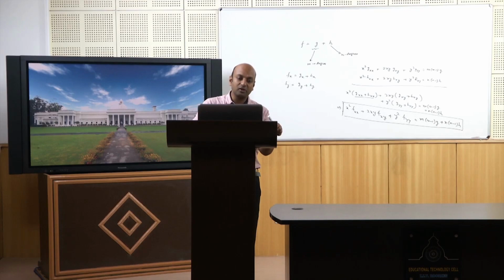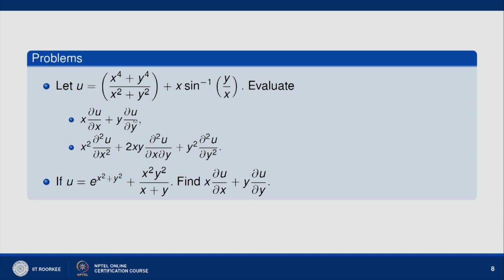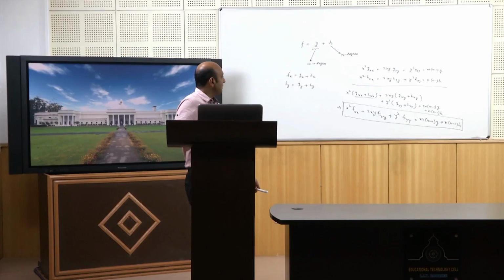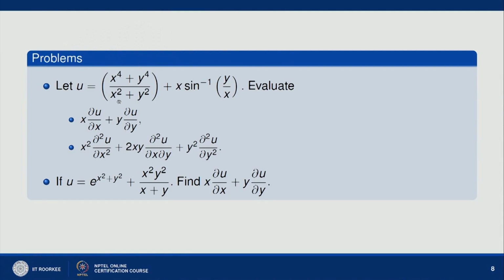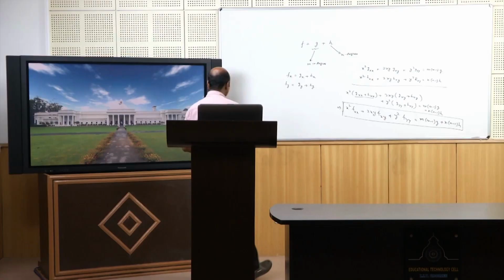If you want to compute x ux plus y uy, we can directly apply the first consequence of Euler's theorem, that is mg plus nh, where what is m here? m is 2 and g is the first term, plus n is 1 into the second term.